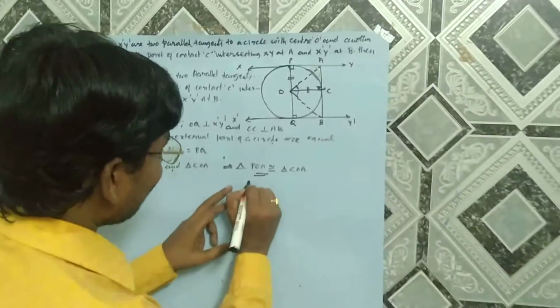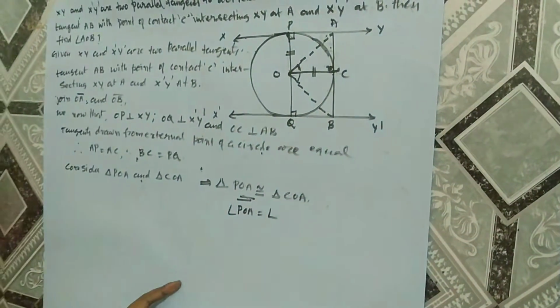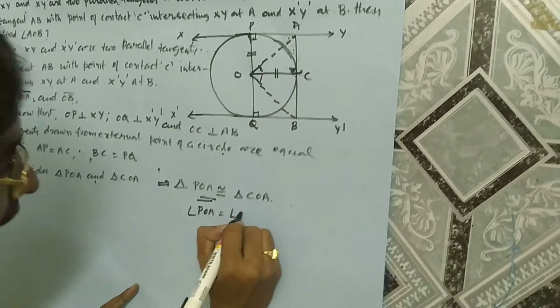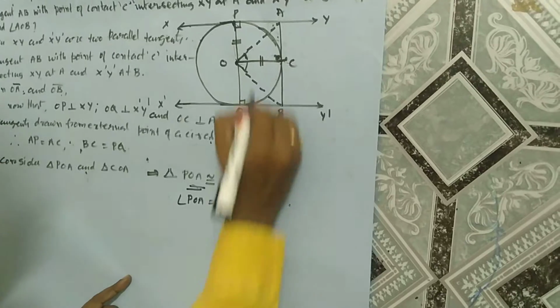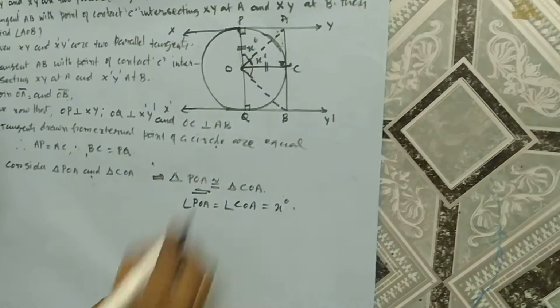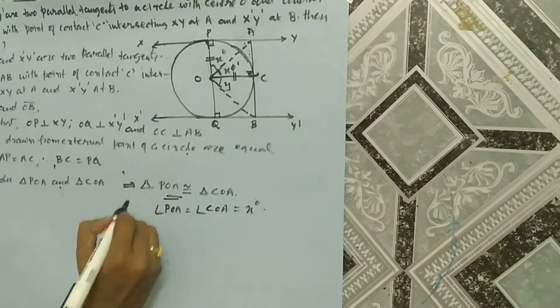When congruent, angle POA equals angle COA. Let that be x degrees, and this is also x degrees. Similarly, these two triangles are also congruent.